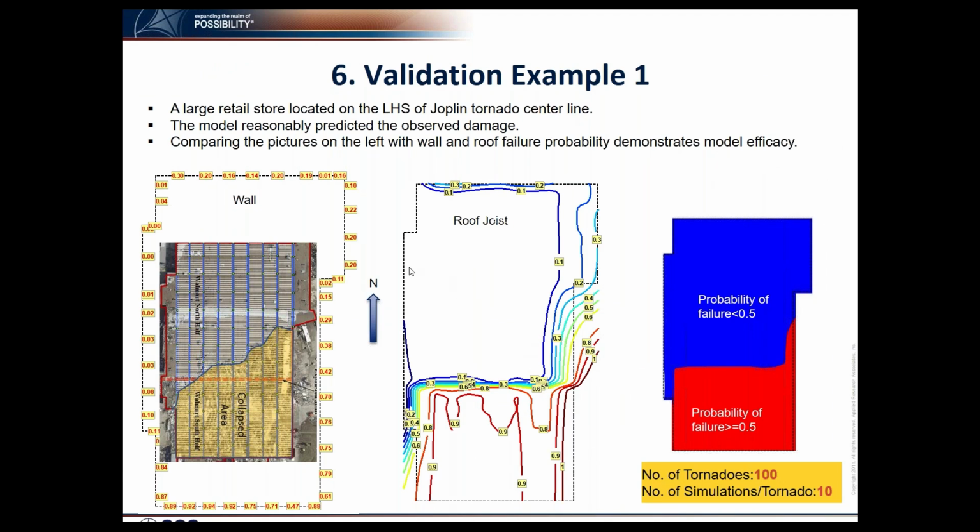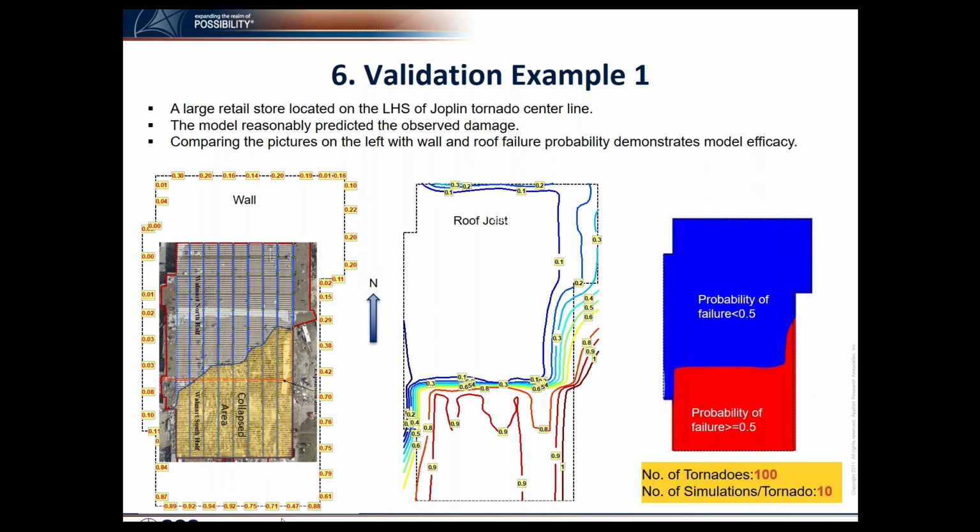The first one is a large retail store damaged in the Joplin tornado. This is showing the collapsed area and the plan view. We modeled the tornado based on the NIST report and other literature studies, and we modeled the building based on the structural information we obtained from NIST.